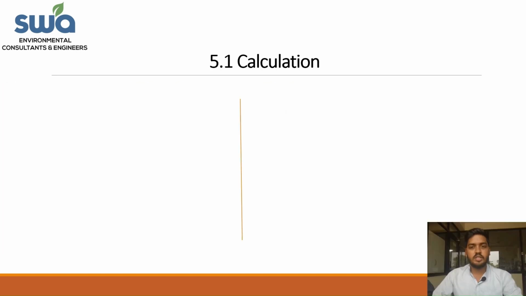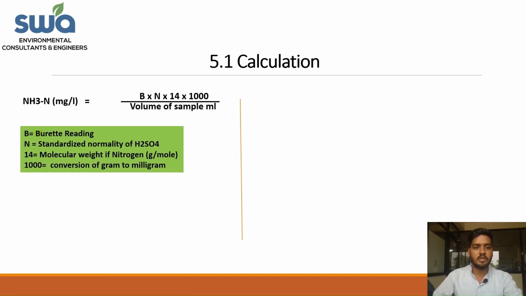So now let's see the calculation of ammoniacal nitrogen as well as organic nitrogen. For ammoniacal nitrogen, the formula of calculation is V into N into 14 into 1000 divided by volume of sample in ml. Here V stands for the burette reading which we got during the titration.